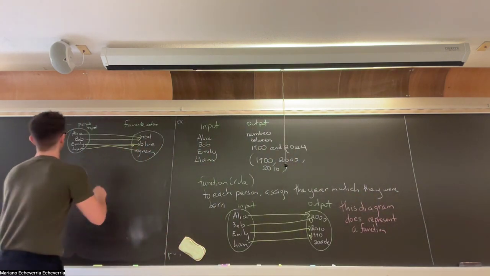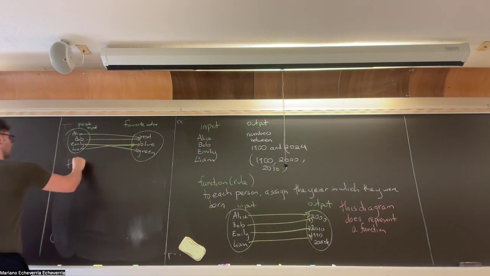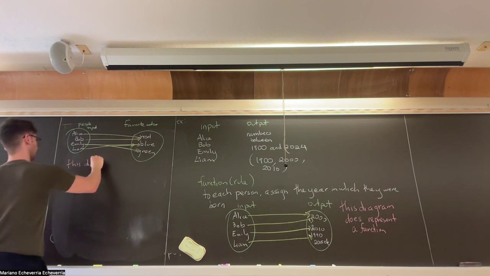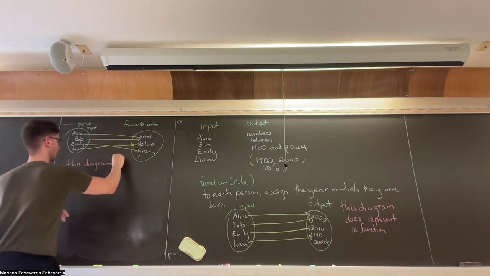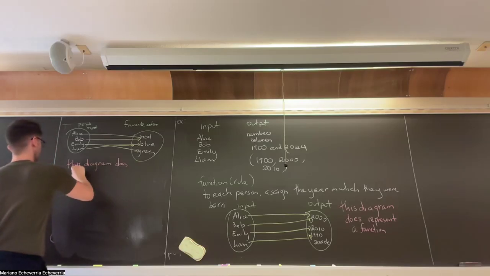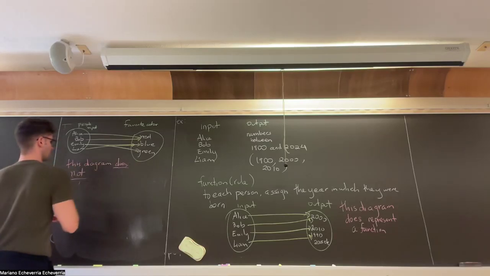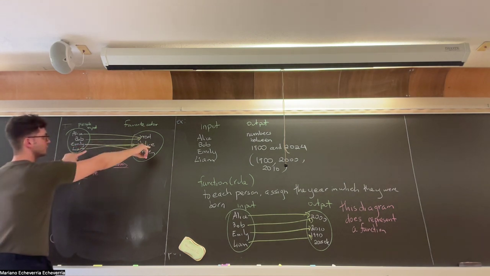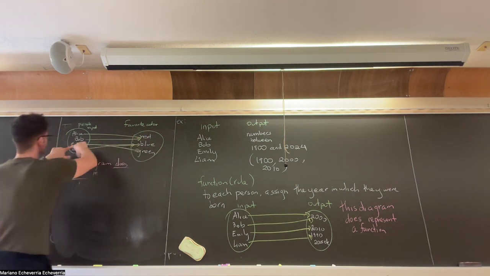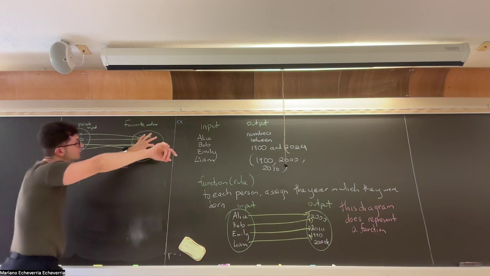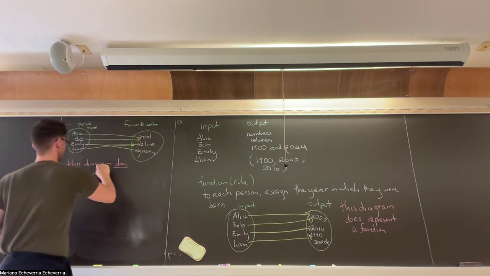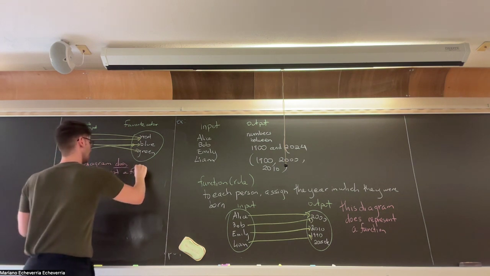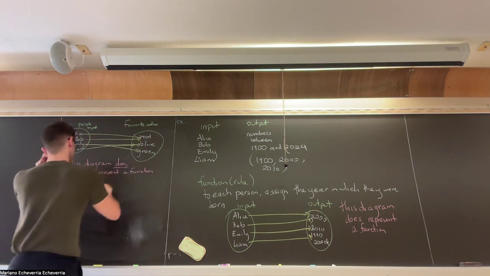This diagram does not represent a function, since input Emily has to output colors. This one does represent a function, since Emily was assigned to one output.